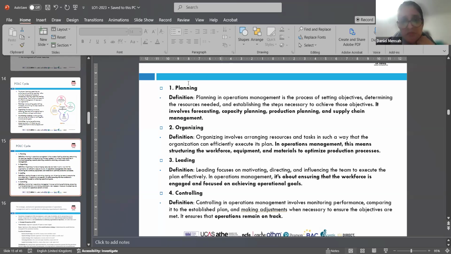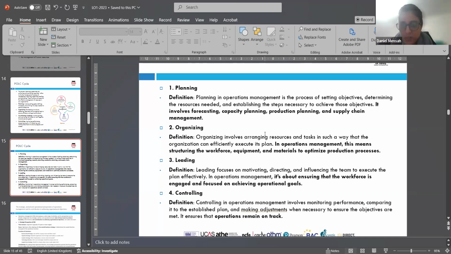It could be forecasting at the higher level, capacity planning, production planning, how many products are needed, and supply chain management. They need to find out which supplier they are going to interact with, and which supply chain model they are required to use.